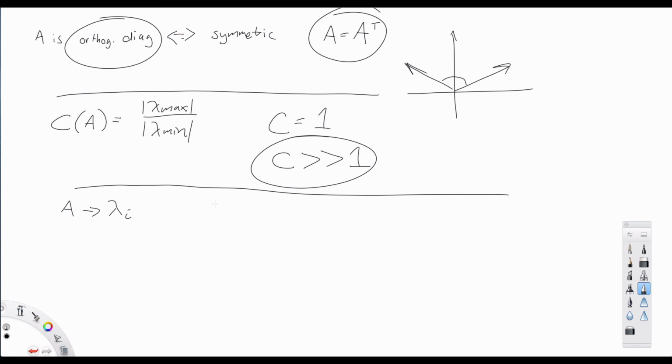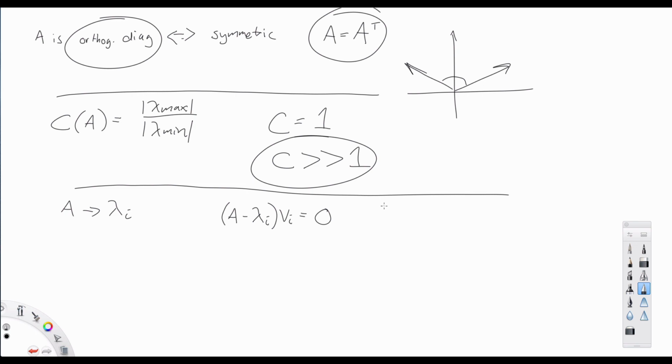Well, one way of doing that is to form the following linear system of equations. We take the original matrix A, we subtract a known eigenvalue, and then we multiply it by an eigenvector. And this eigenvector is unknown.